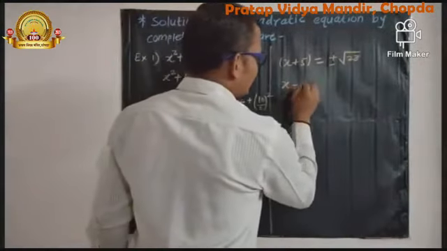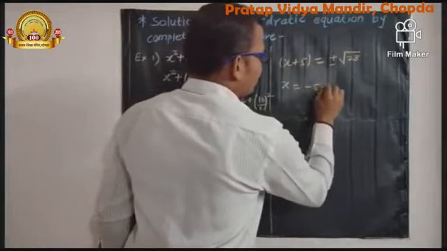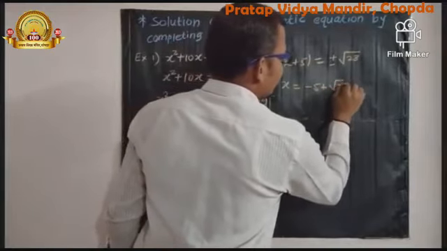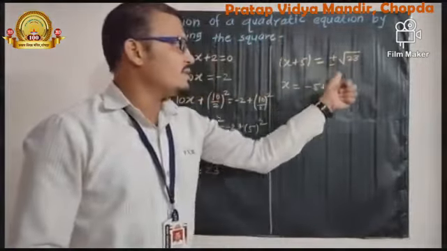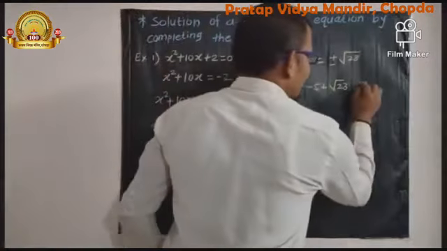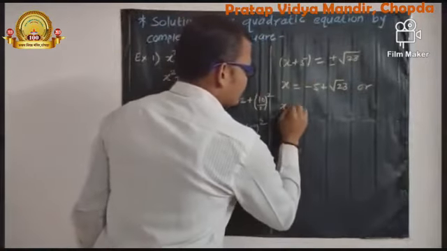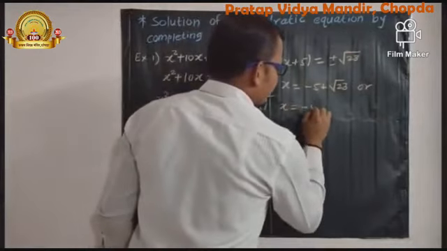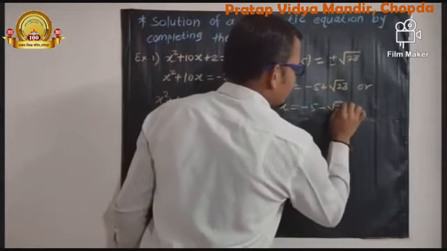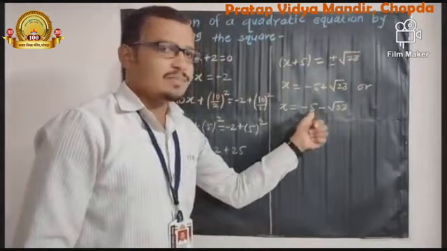x is equal to minus 5 plus under root 23, first we take plus and then we take minus, and another one is minus 5 minus under root 23. Why is this 5 minus 5?